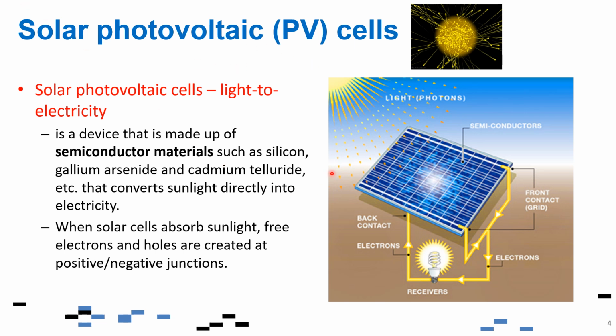For solar PV, the device is made up mostly of semiconductor materials. The most common one is silicon. We have also gallium arsenide and other semiconductor materials that have the ability to convert the sunlight directly into direct current electricity. And of course, we need an inverter to transform that direct current into alternating current or AC.